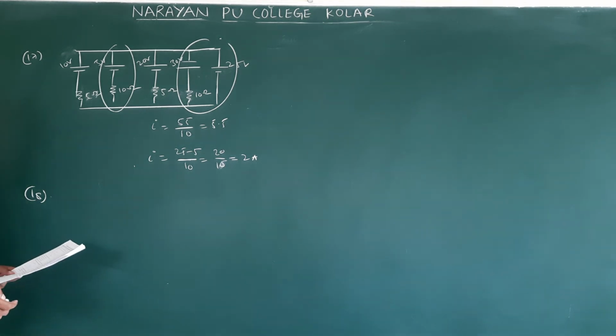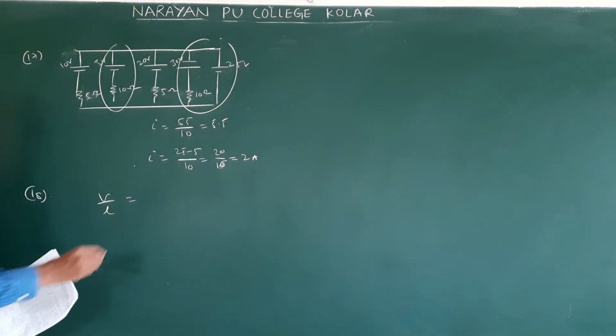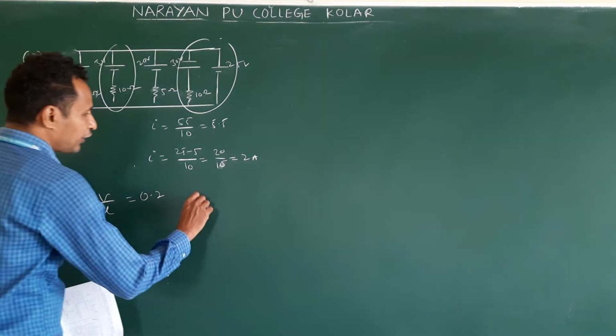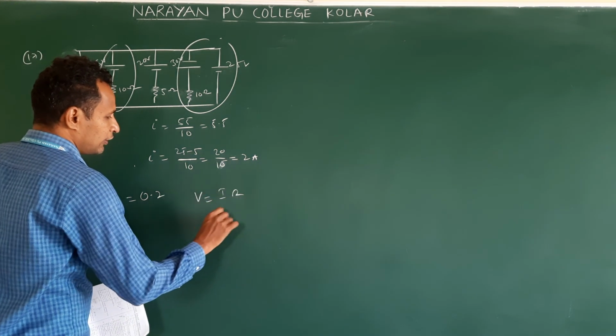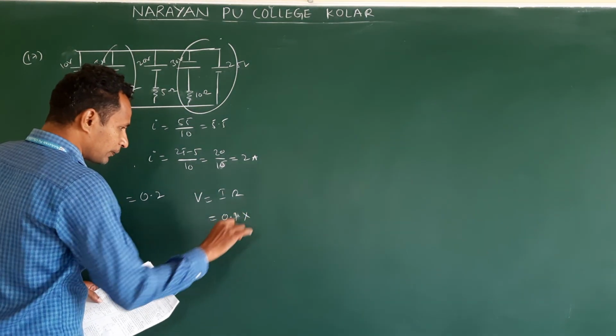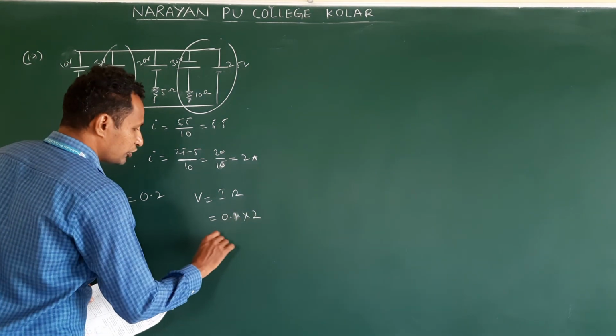Okay, potential gradient is given, that is V by l is the potential gradient, given as 0.2. Clear? And a current 0.1 is flowing through a coil of 2 ohm. Then the potential drop will be what? V is equal to IR, 0.1 into 2, so this is 0.2.